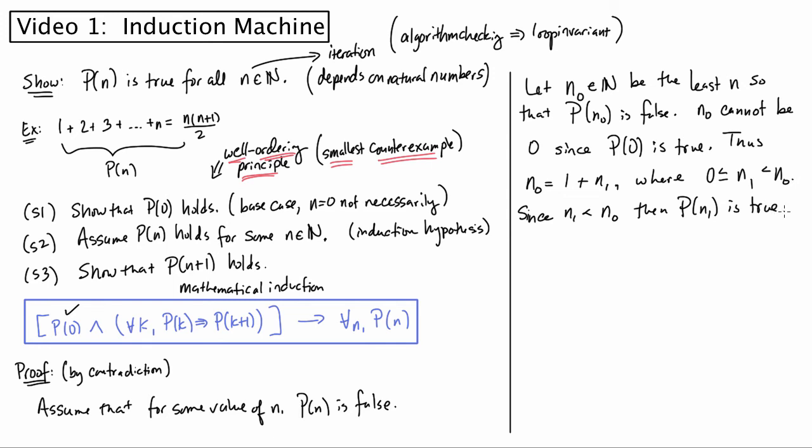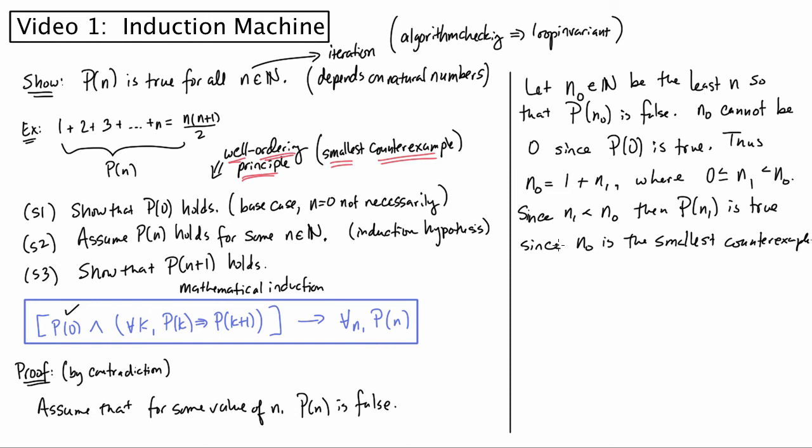and this is because n0 is the smallest counterexample. So since n1 is smaller, P of n1 must be true because the first time it's false is at n0, which is larger.